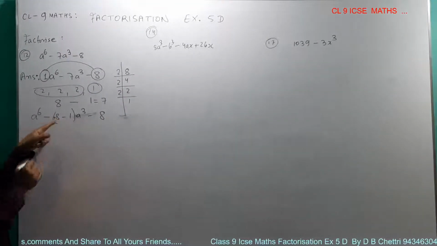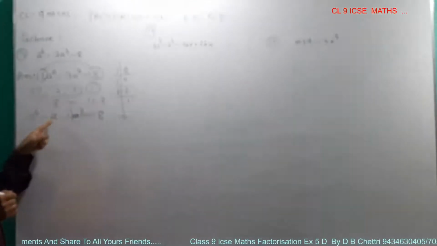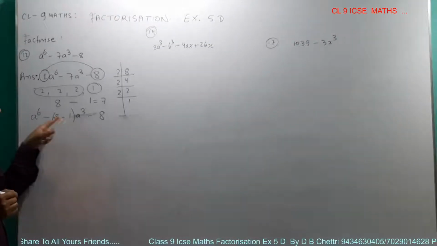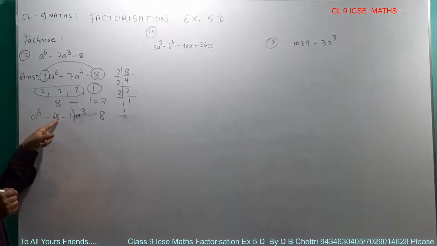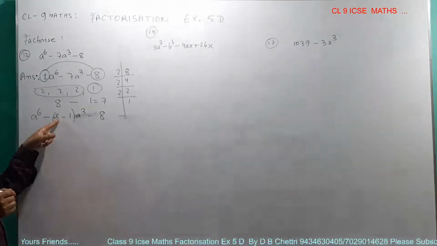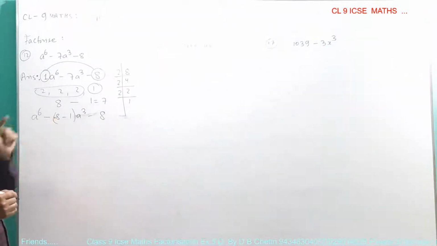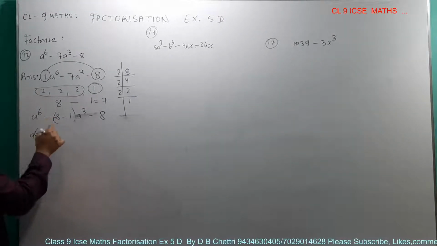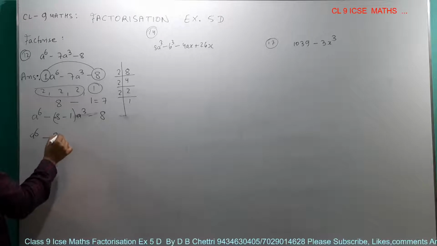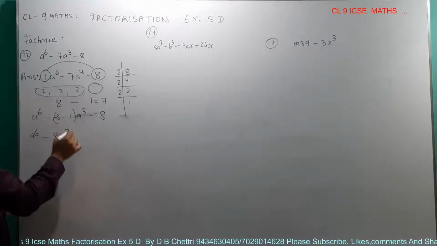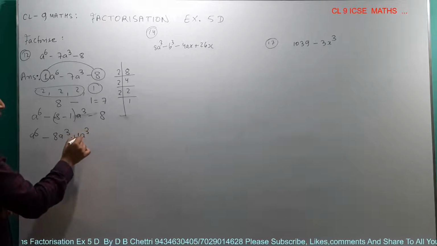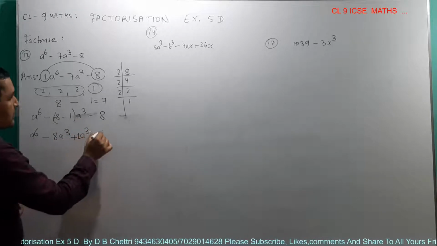The sign is always in front of the number, not behind it. This minus sign is for 1, not for 8. That's why the sign of this 8 is plus. So a to the power 6 minus 8a cube plus 1a cube minus 8.